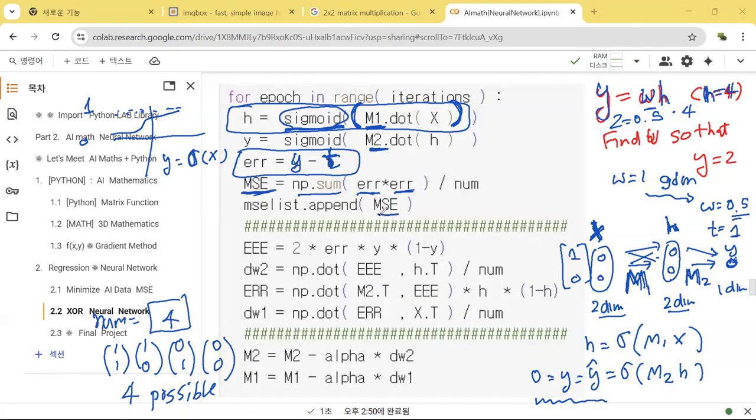Then let's save the mean squared error in the list, the mean squared error list. We put this value there.